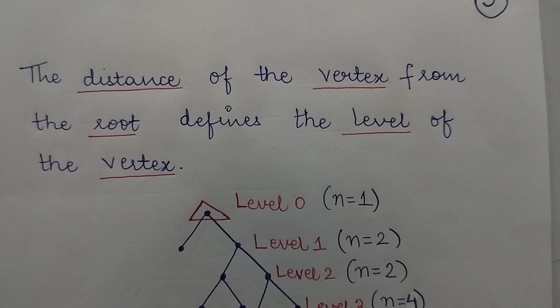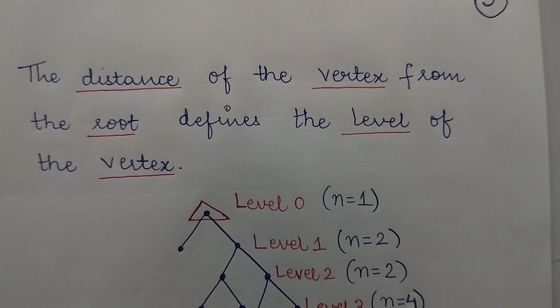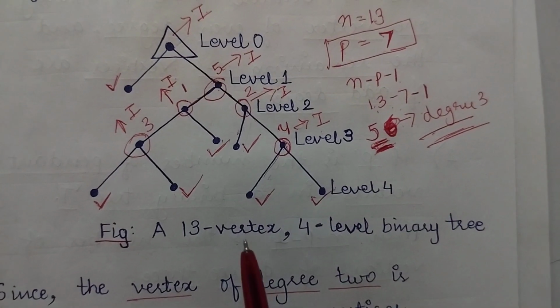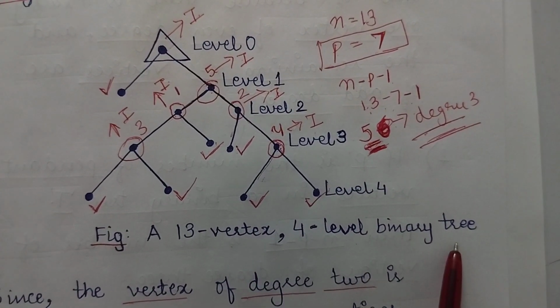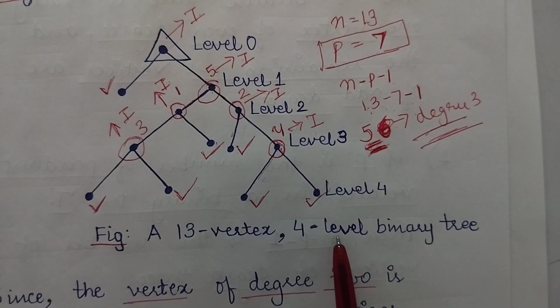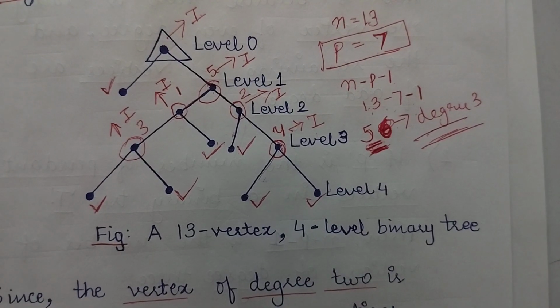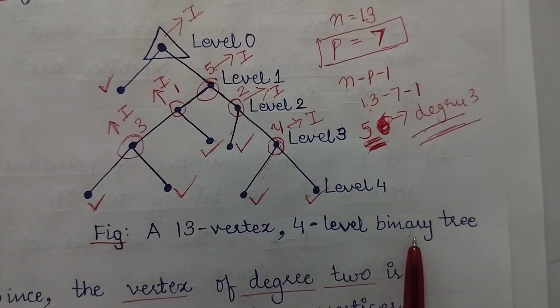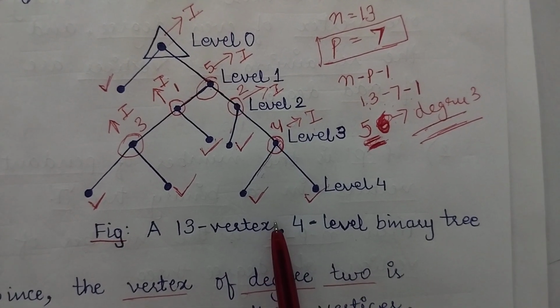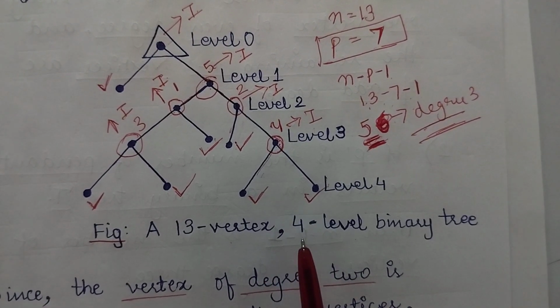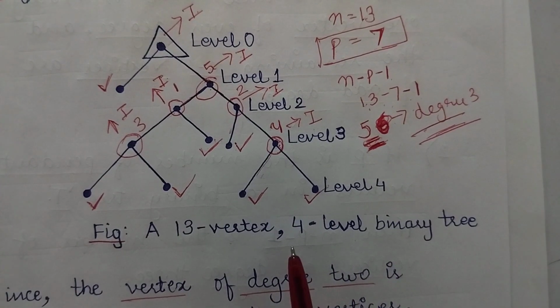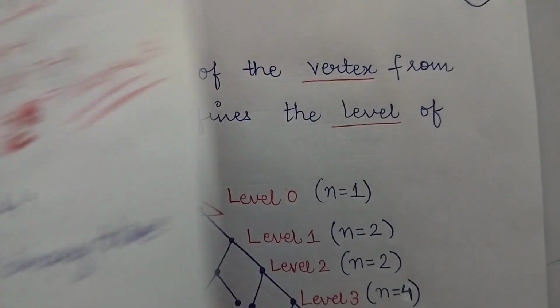As I told you when we were studying the binary tree, this is a 13 vertex 4 level binary tree, and I told you we will study the level a little later. So now we will come to the level of the binary tree. You know this is a 13 vertex binary tree, but how is this a 4 level binary tree? How do we find out the levels of the binary tree?